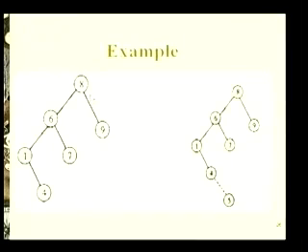Now how do we do insertion and deletion? Suppose this was our original tree, and an element 5 is to be inserted. What is the value over here? 8. 5 is less than 8, so we are searching the tree and we traverse to the left. We find 6. 5 is less than 6, so we traverse to the left. We find 1, and 5 is more than 1, so we further traverse on.